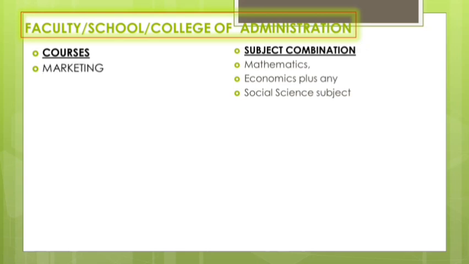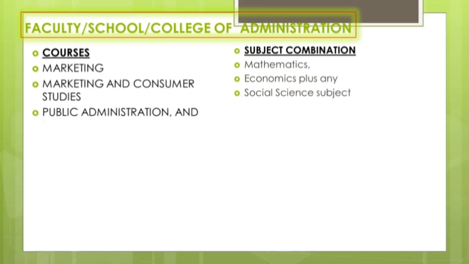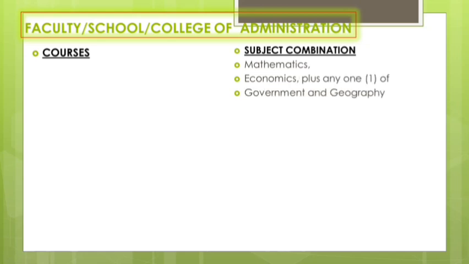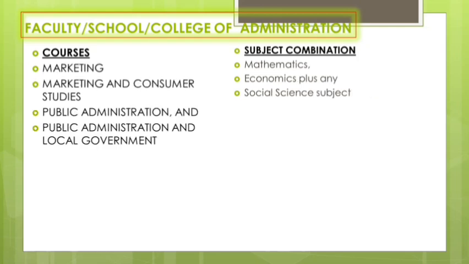For candidates who want to study marketing and consumer studies, public administration, and public administration and local government, your JAMB subject combination include mathematics, economics, plus any social science subject.